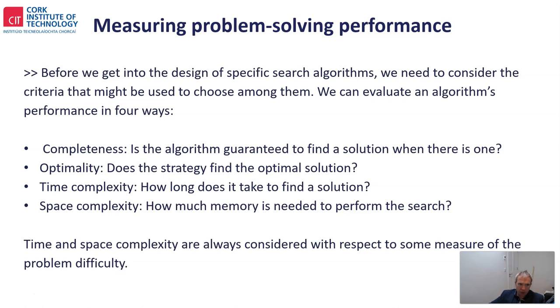Typically, we look at the following 4 criteria: completeness, optimality, time complexity, and space complexity. Completeness: is our algorithm guaranteed to find a solution when there is one? Optimality: are we finding the optimal solution as opposed to a second best or third best? Time complexity: how long does it take? And space complexity: how much memory is needed to perform the search?